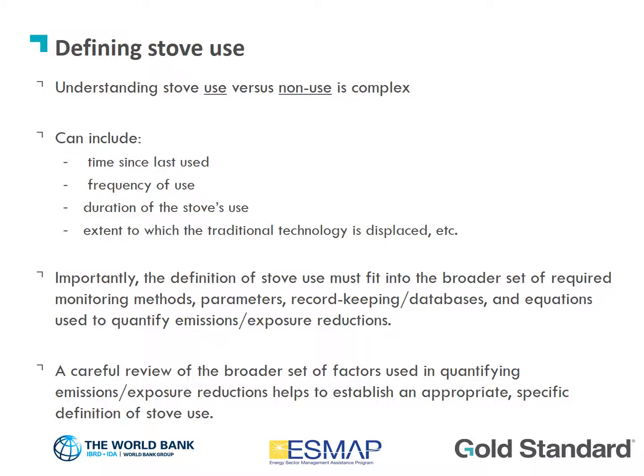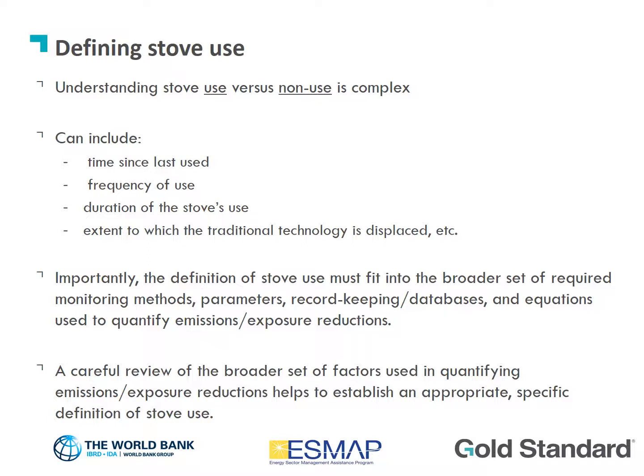Defining stove use can be quite complicated, and understanding the difference between use versus non-use is very complex. So some things we can look at when attempting to do this are the time since last used, the frequency of use, the duration of the use, and the extent to which the traditional technology is displaced.